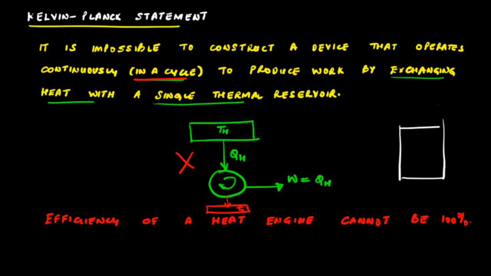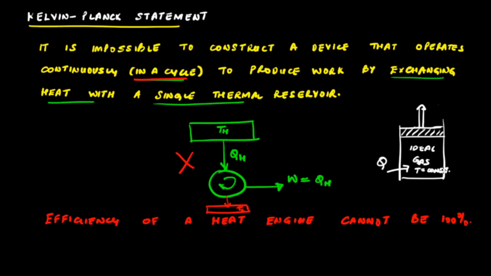For example, consider a piston cylinder arrangement with an ideal gas enclosed within it, and let's say the gas expands slowly and there is some work done by the system on the surroundings, and in this process we also add heat so that the temperature of the gas remains constant throughout the process.